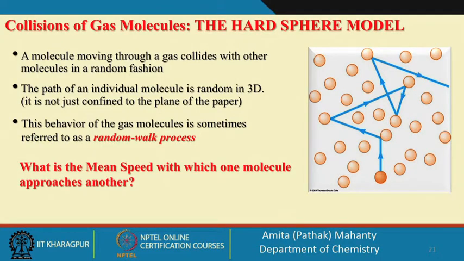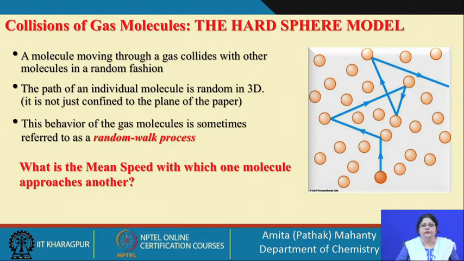Okay. So, when we talk about two molecules approaching each other, we visualize the gas model. It is a random movement of a large number of particles. Molecules are moving randomly and colliding with each other in a random fashion, and the path of an individual molecule is random not only in 1D, but should be visualized in 3D, not only on the paper as depicted in this diagram.